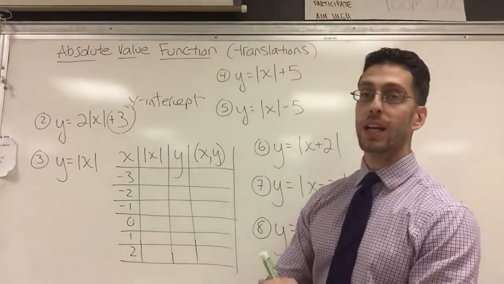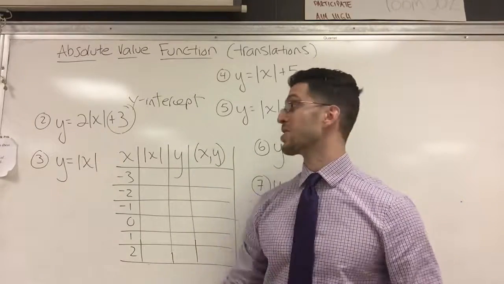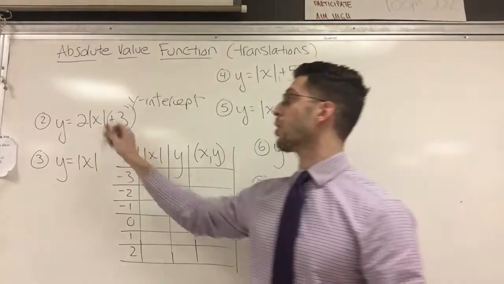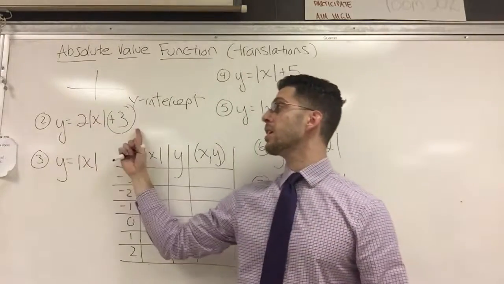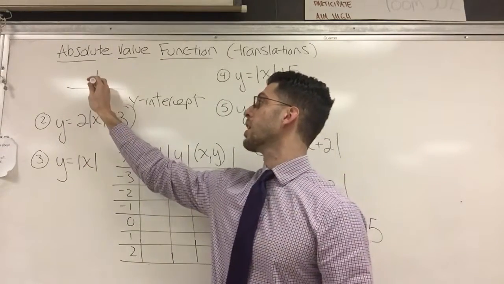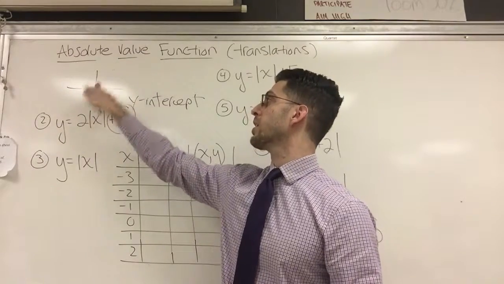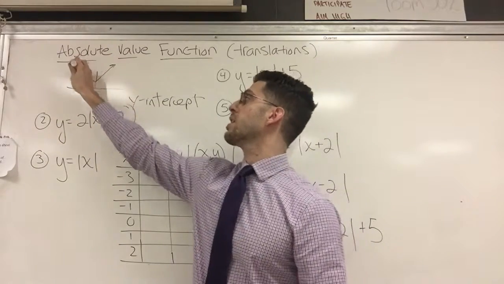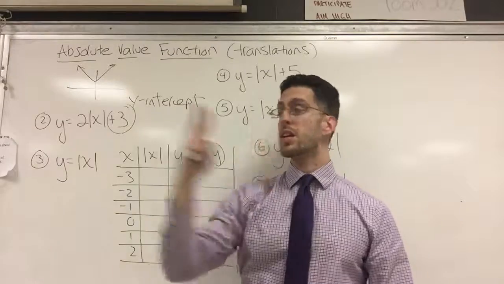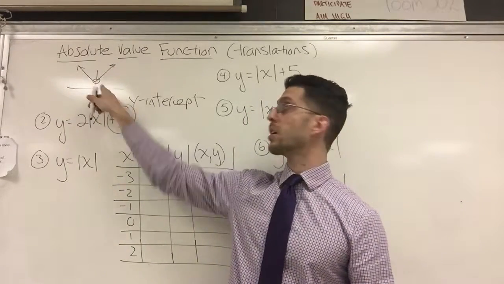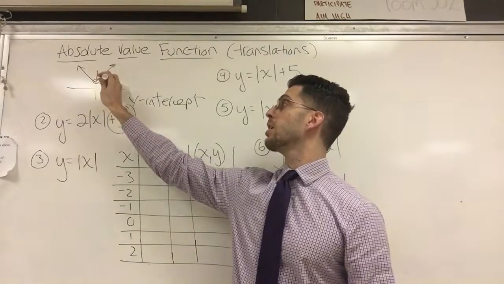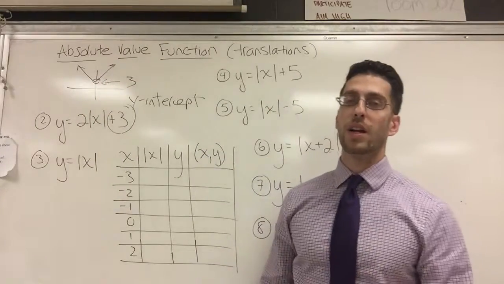If you get a graphing calculator, it's awesome because then you don't even have to do much work. You'll type this in and you'll see that it looks like this, where the V has a vertex here at 3. That's my 3.